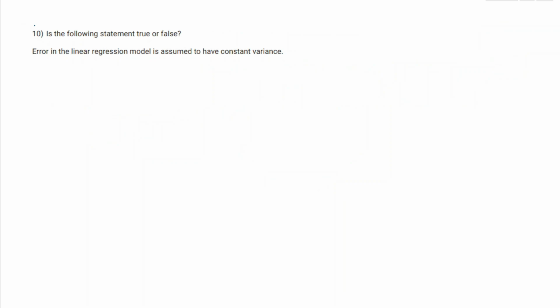So here the question is, if the error in the linear regression model is assumed to have constant variance. This is true because one of the critical assumptions of a linear regression model is that of homoscedasticity. What does that mean? That means that the errors have constant variance, right?